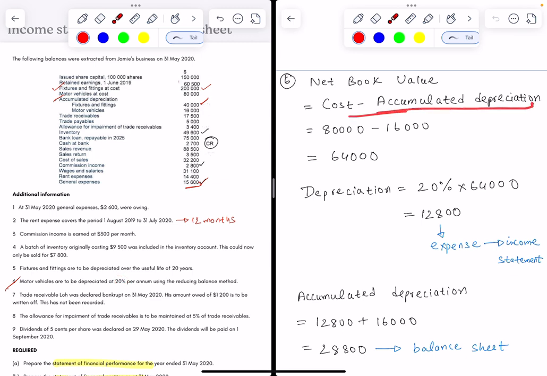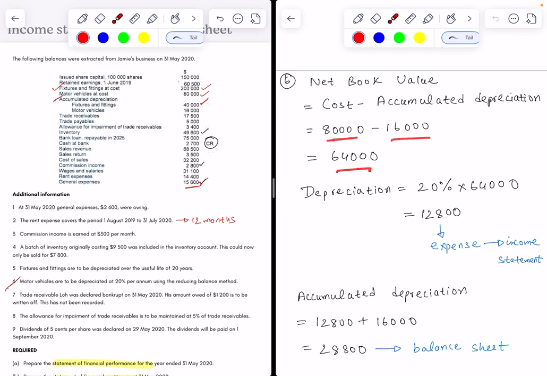The cost for motor vehicles is given at $80,000, as you can see here. And the accumulated depreciation for motor vehicles is $16,000. So on that basis, the net book value is $80,000 minus $16,000, and that is $64,000.